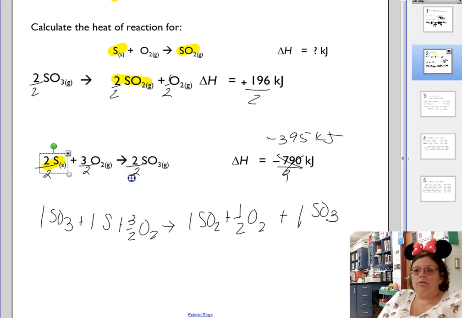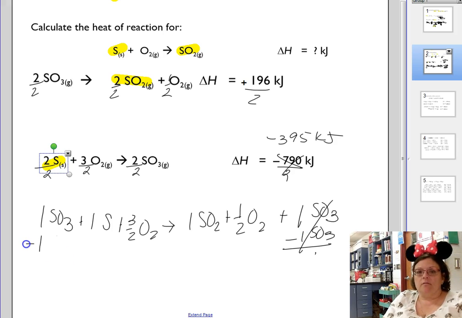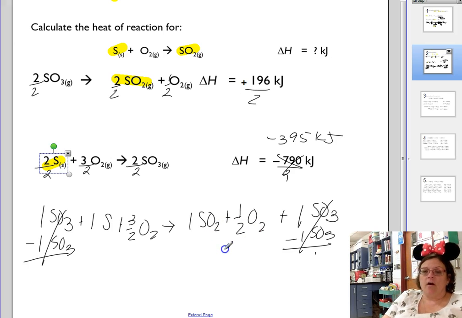If I'm in math, I'm going to combine like terms, so those cancel themselves out. Now I have 1 sulfur plus 3 halves oxygen gives me 1 sulfur dioxide and a half of oxygen.